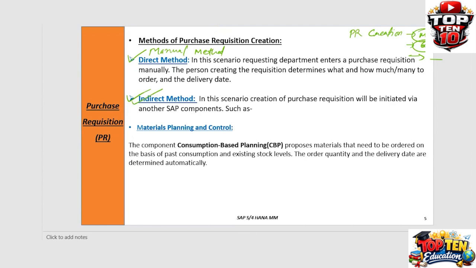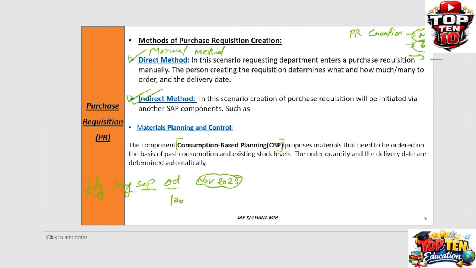How indirectly? In the production planning department, what do they do? They do the planning for procurement or for production on the basis of consumption based planning. Do you see? If we are doing one business and it is the month of November 2023, then obviously in October, September, August, July, we consumed raw materials.